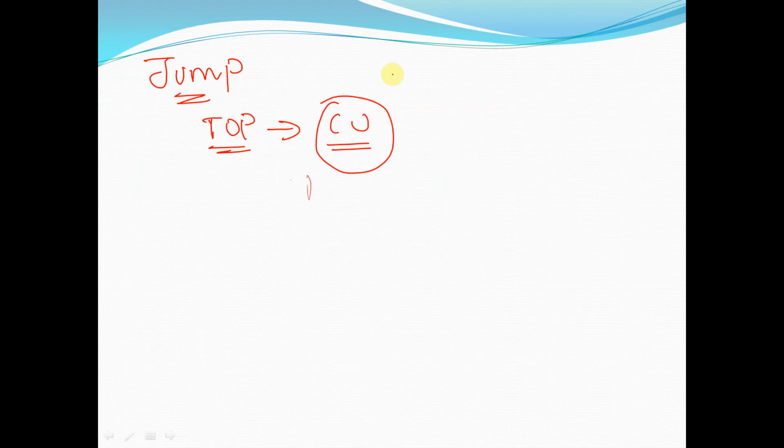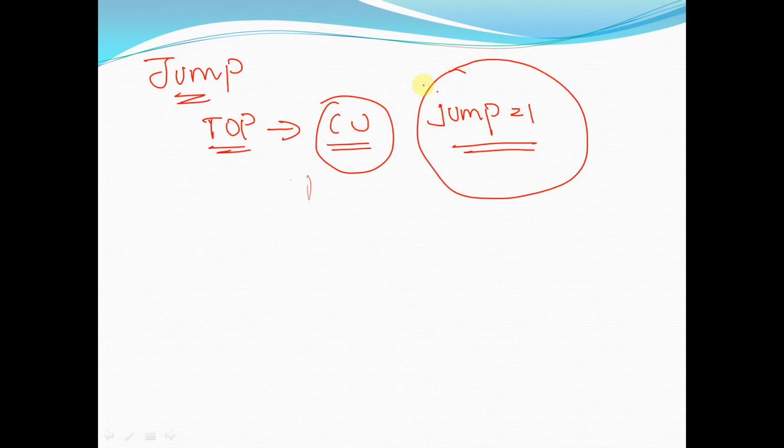In the control unit, by seeing the opcode field and everything, we will get our control signal jump equal to 1. This control signal is given by our control unit to our top module. From the top module, it will go to the instruction fetch unit, IFU.